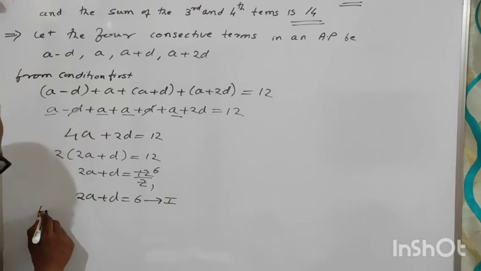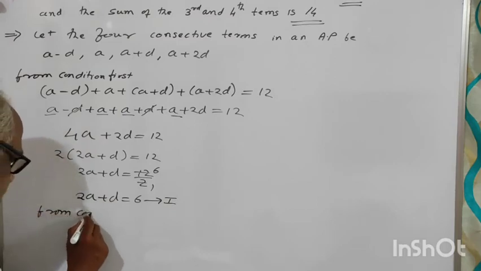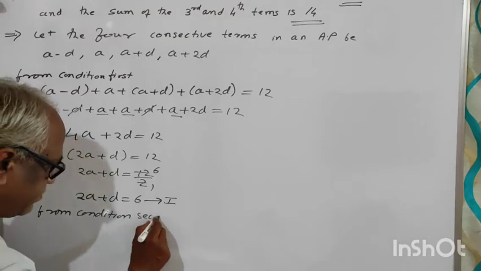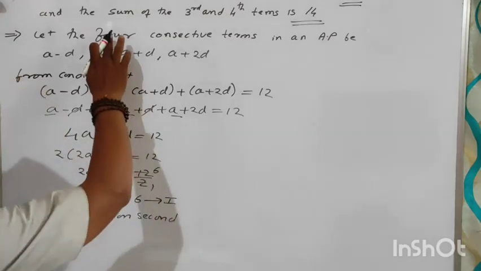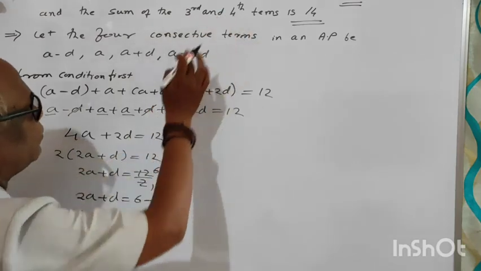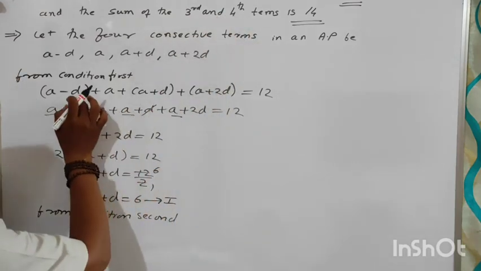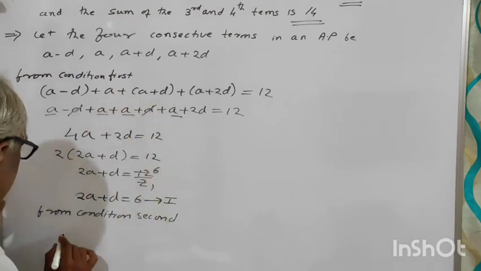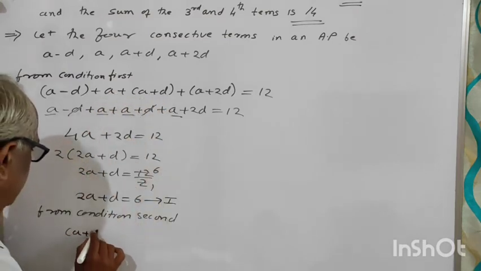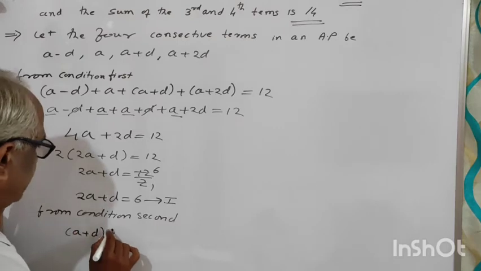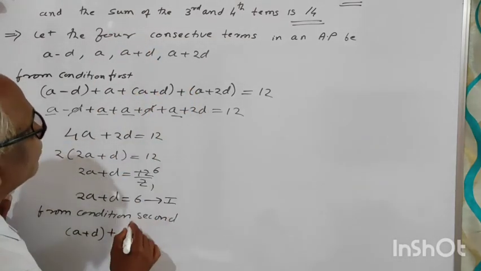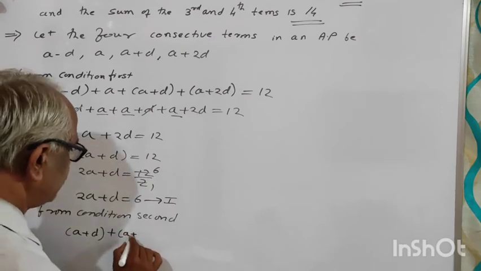Now from condition second, the sum of the third and fourth. Which is the third term? This is first, this is second, this is third, that is a plus d, and the fourth term is a plus 2d.